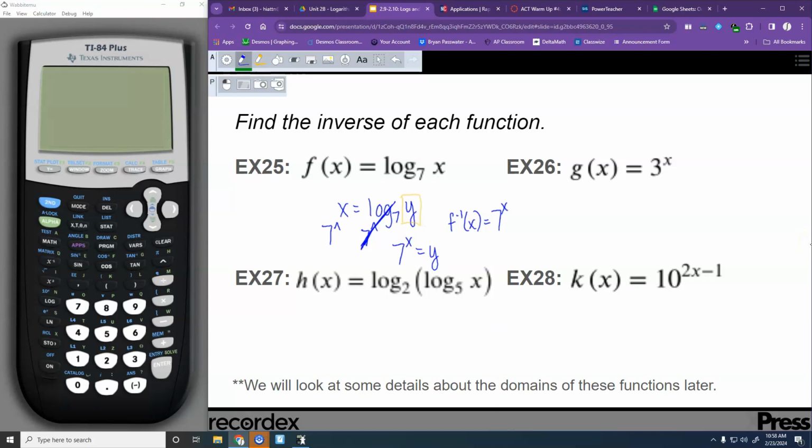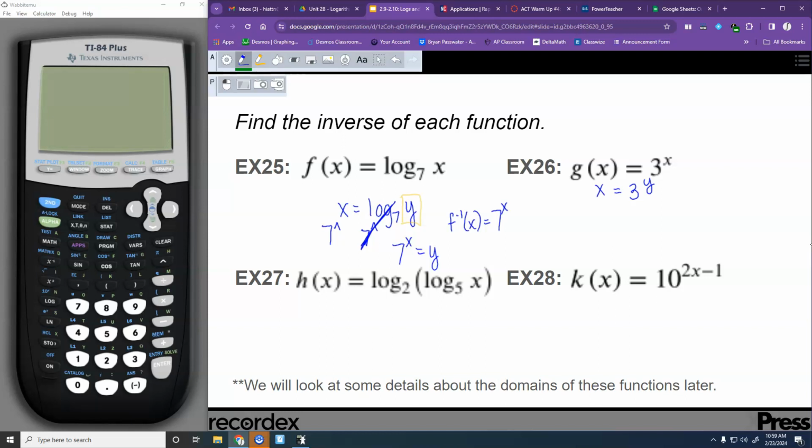But if we work it out, we'll have x equals 3 to the y power. Be real careful here because you might be tempted to divide by 3, but that division is the inverse of multiplication.